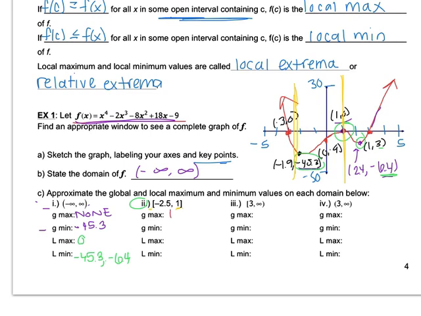Global min would be the absolute lowest value on that interval. The absolute lowest value would be, in this case, the same as it was before, because the global min occurs within that interval. So the global min is negative 45.3.